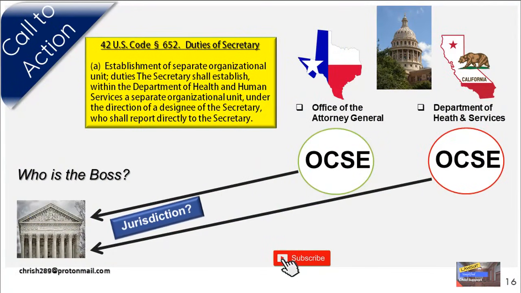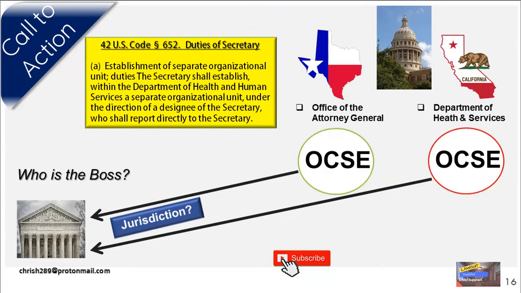Now, one of the reasons why this is important, if you understand the child support program: in Texas, the Attorney General's office is the Title IV-D program. But in other states like California, the Title IV-D program is under Health and Human Services. So there lies the problem. Well, who is correct? If you follow state statutes, they're both correct.